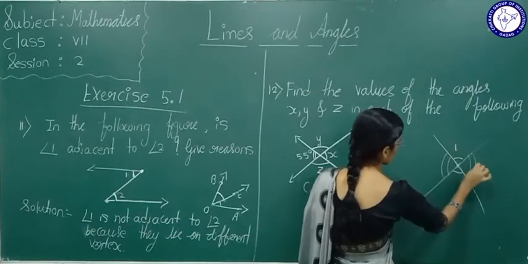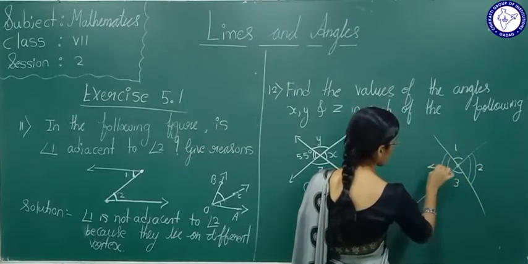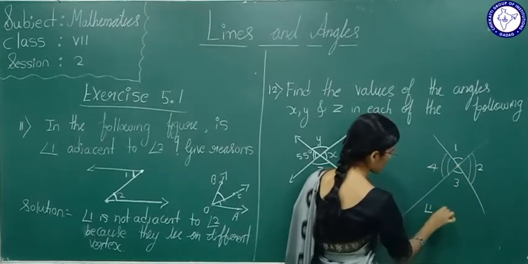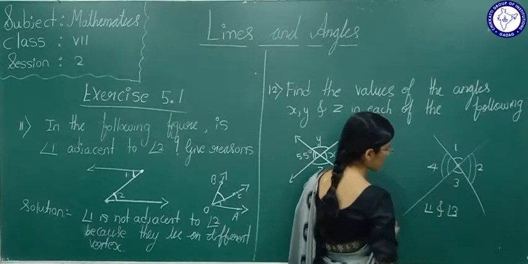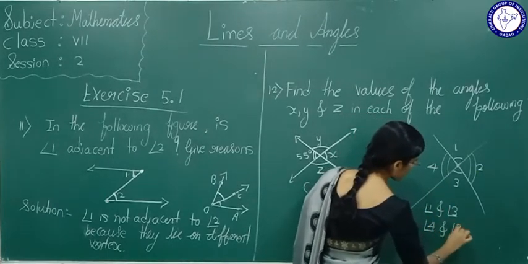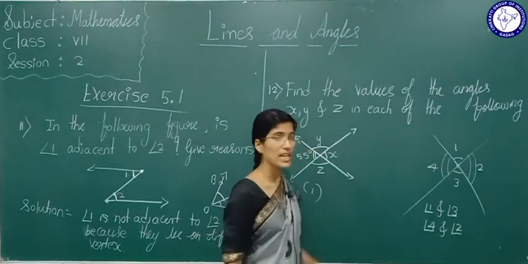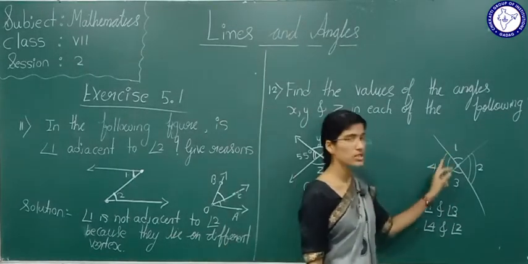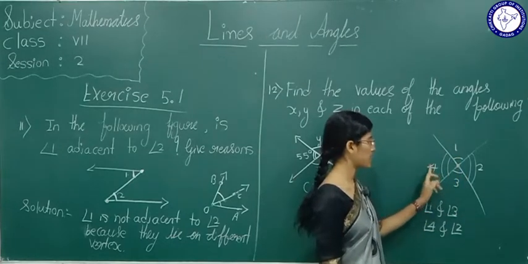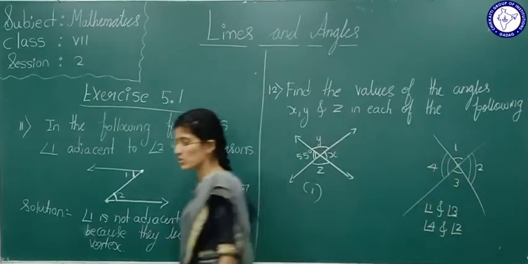You see 1, 2, 3, 4. Angle 1 and angle 3 are vertically opposite angles. Angle 4 and angle 2 are vertically opposite angles. Again I told you that vertically opposite angles are equal. Angle 1 is equal to angle 3 and angle 4 is equal to angle 2. I told you, do you remember?